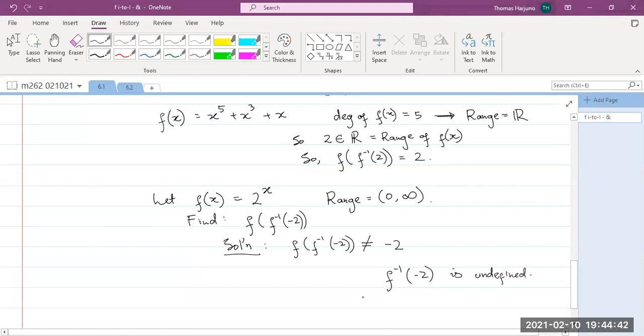In other words, there is no x, there is no real number x, such that f(x) equals -2. So we cannot ask what happens if you push that x through a function.